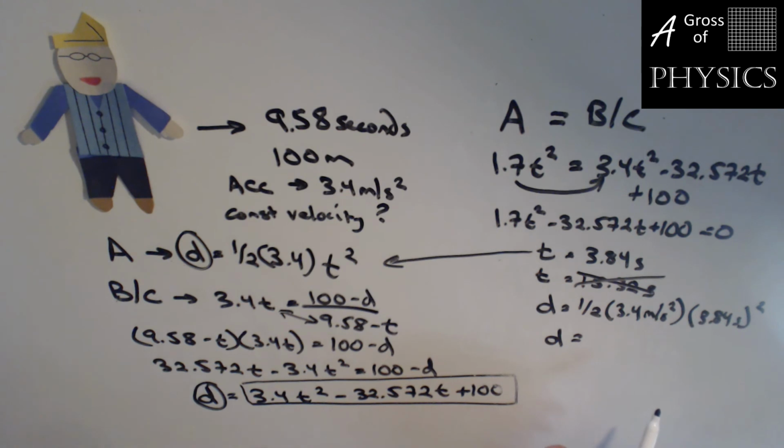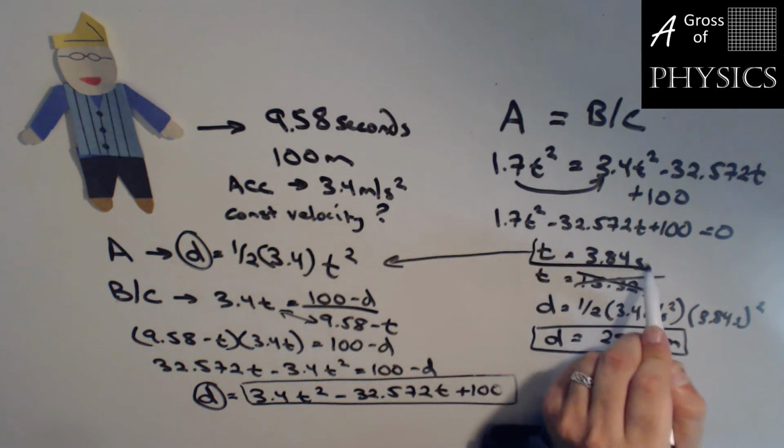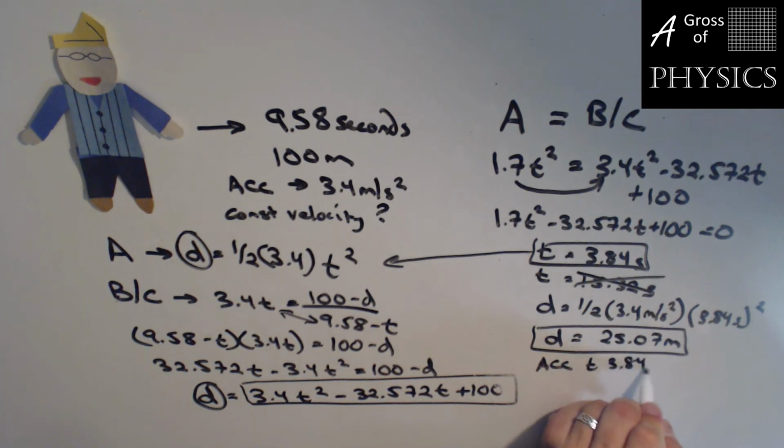So if we use the calculator, 0.5 times 3.4 times 3.84 squared, I'm going to get 25.07 meters. So that means the acceleration occurred for 3.84 seconds, and the distance was 25.07 meters.